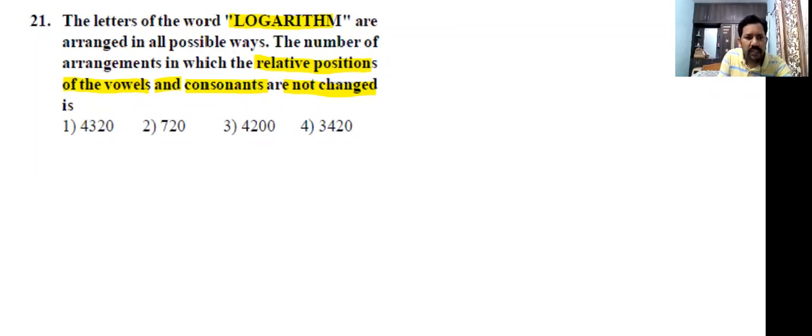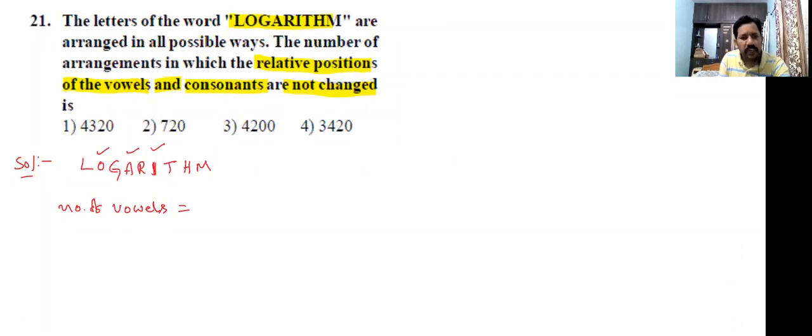Okay. First observe the given word. What is given? Logarithm. Here, number of vowels, how many are there? What are the vowels? O, A, I. There are only three vowels.